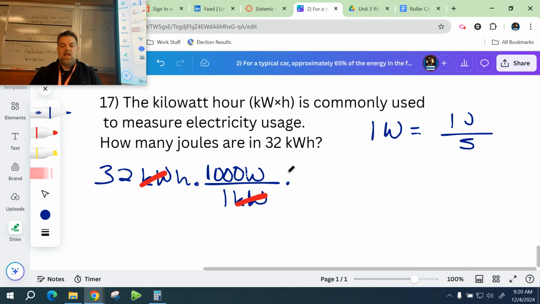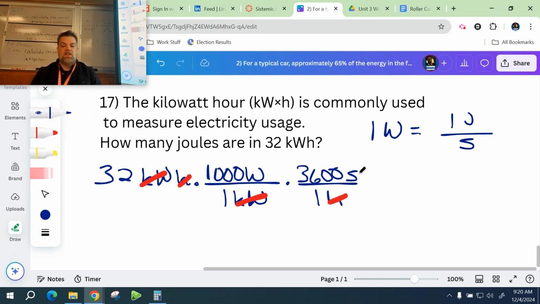And then 1 hour, I need to convert the hours to seconds. So does anybody remember off the top of their head how many seconds are in an hour? 3,600. Very good. So now I've gotten rid of my hours, okay? And I have watts times seconds.